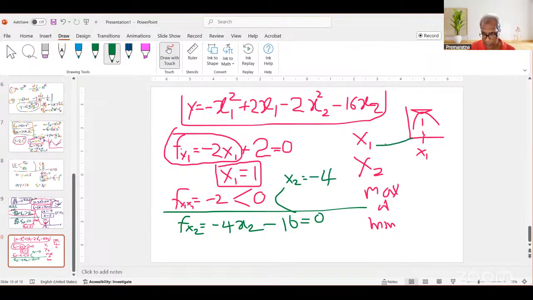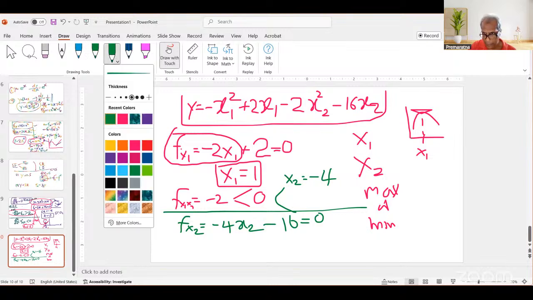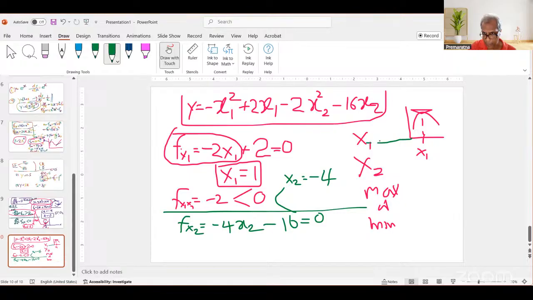So at minus 4, we get another optimal point with respect to x2. When you differentiate twice with respect to x2, you can see whether you really get the maximum point, or concave, or minimum point.